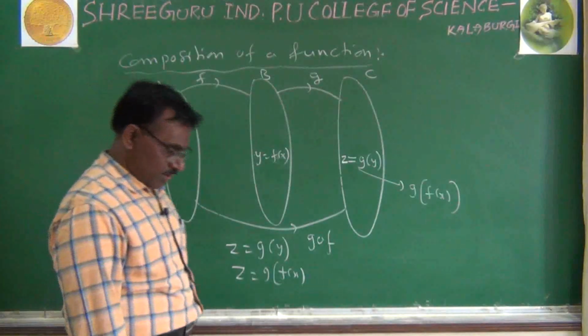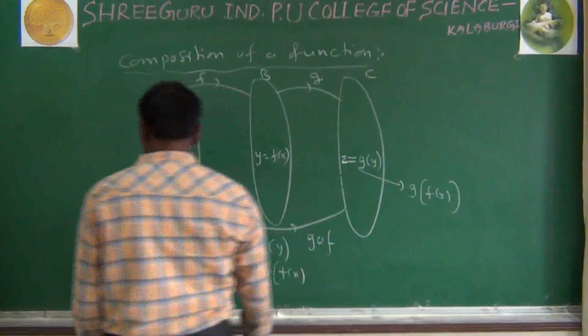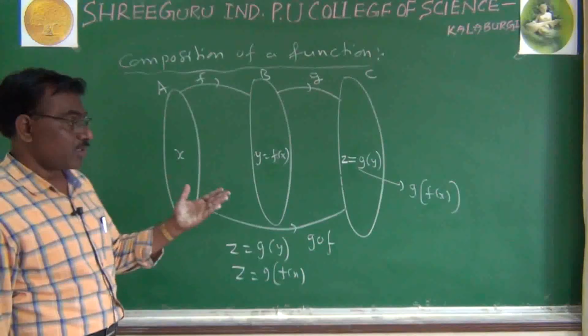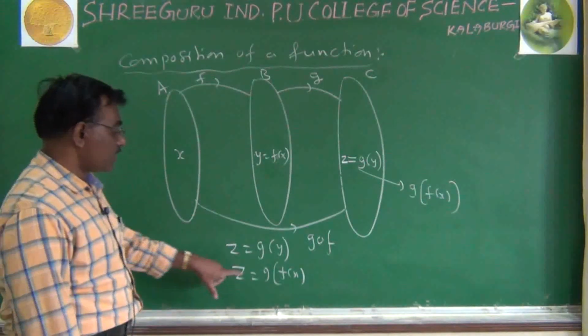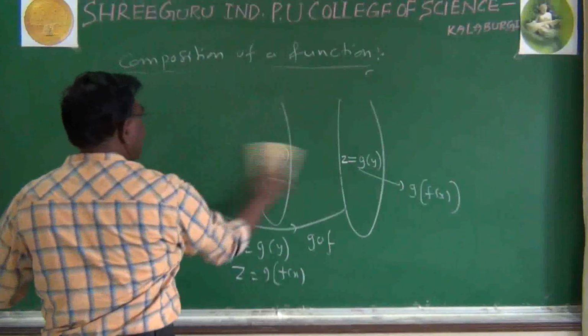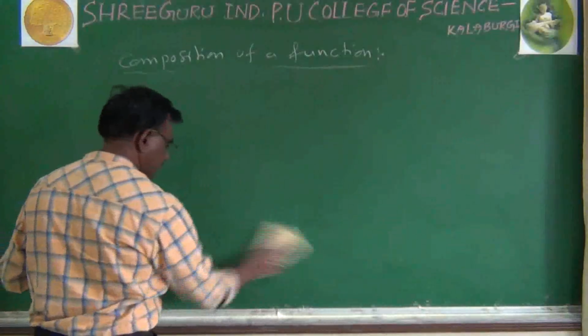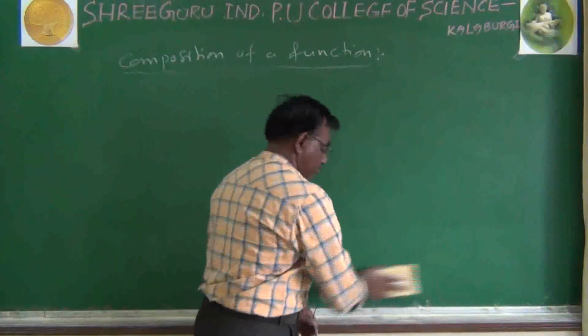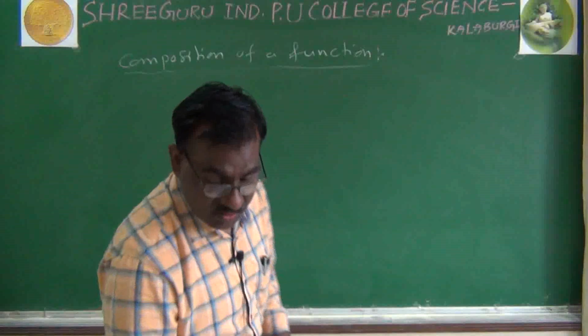So z equals g of f of x. Composition is nothing but a function of a function.